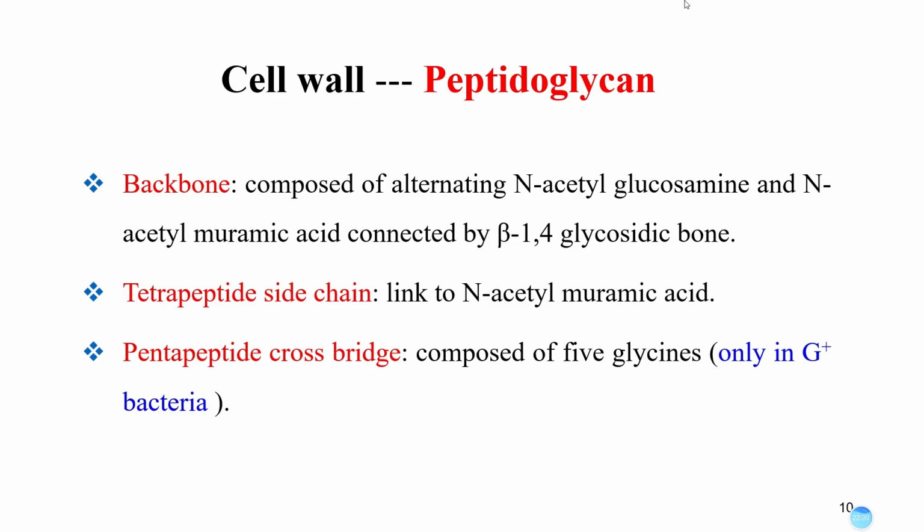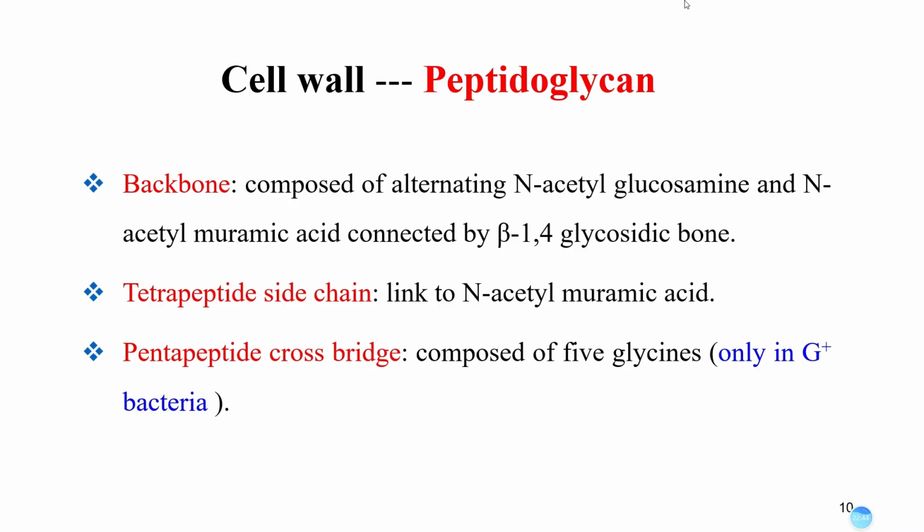You can imagine that two sugar molecules link together head to tail by beta 1,4 glycosidic bond. Let me show you the structure later. So that's the backbone. And they also have the tetrapeptide side chain. So that's the side chain on the backbone.